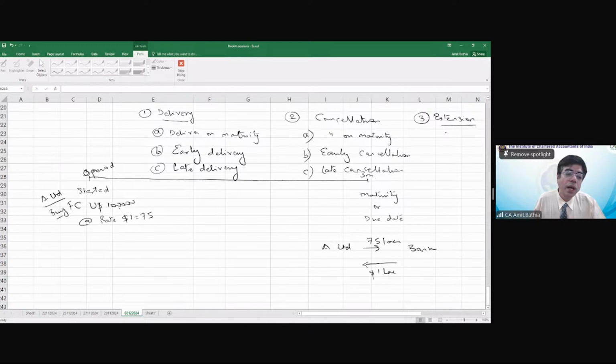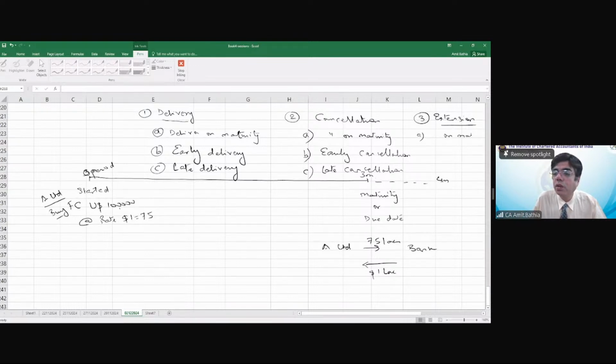Similarly, I may also have a change in my needs wherein I want to extend my contract, because my party has conveyed to me they'll not be able to pay after 3 months. Instead, they will pay to me after 4 months from the original date. As a result of that, I need to extend the forward as well. So I have again 3 options here.